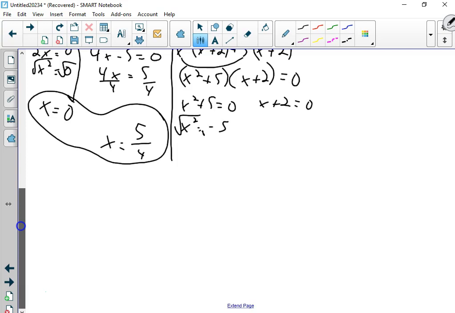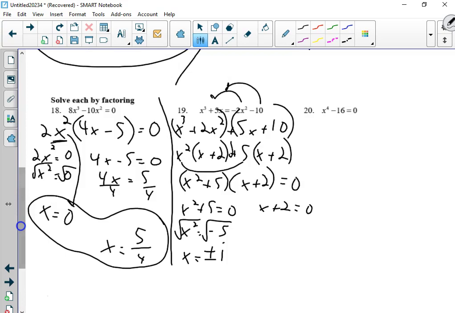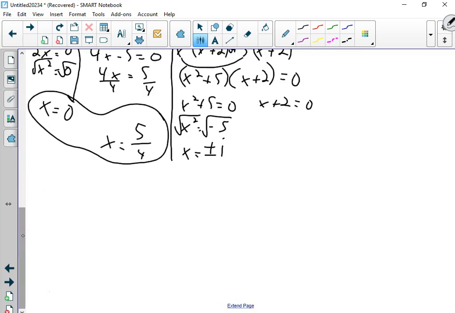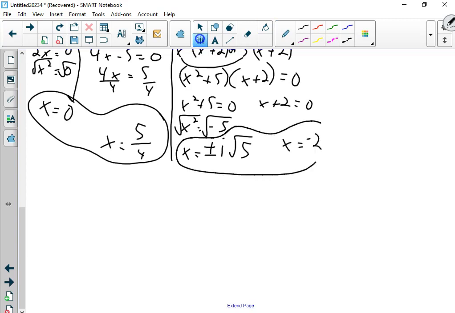Use the square root property. x equals, remember, anytime we take the square root, we need a plus minus. Square root of 5 doesn't simplify at all, but the negative will come out as an i. Root 5. And then over here, I just simply do x, subtract 2, x equals negative 2. And there are my two answers right there.